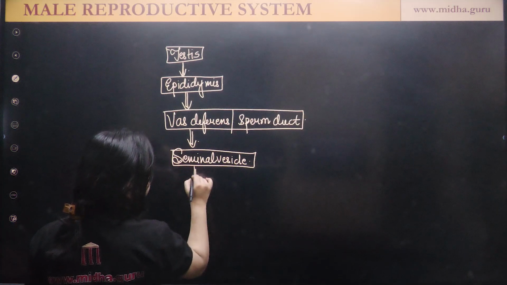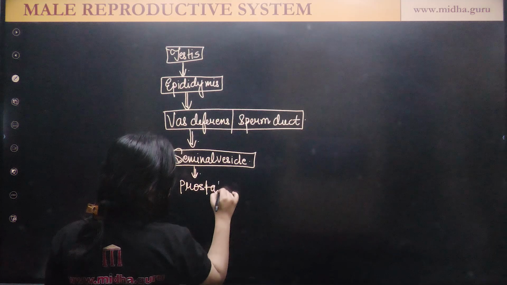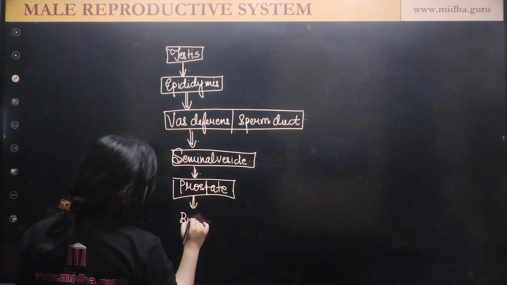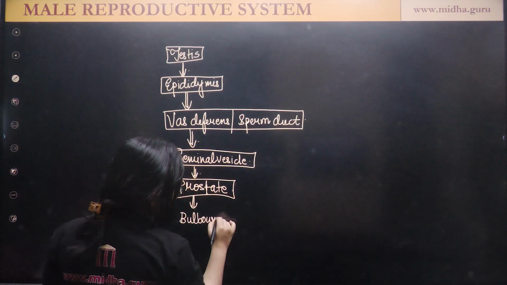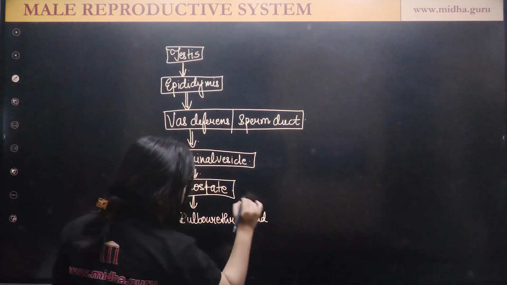Then we have prostate gland, and finally we have bulbourethral gland. We can call it corpus gland as well.